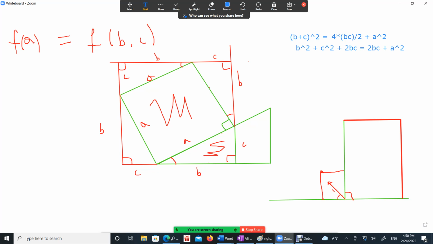This would have its algebraic meaning through certain shapes. I mean, this would be BC.